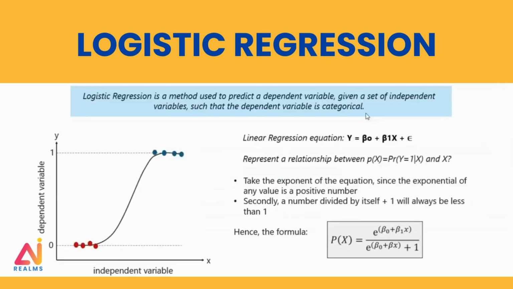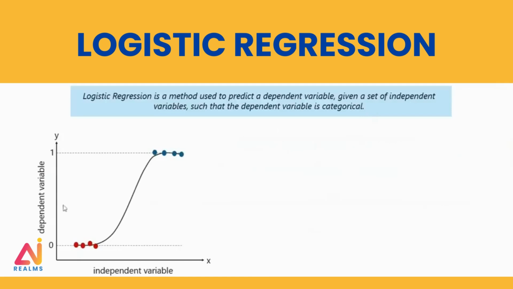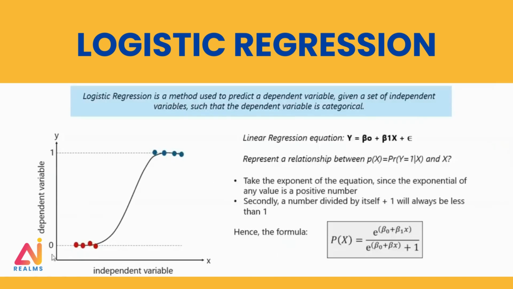Now, how does logistic regression work? Before I tell you how it works, take a look at this graph. I told you that the outcome in a logistic regression is categorical. Your outcome will either be 0 or 1, or it will be a probability that ranges between 0 and 1. So that's why we have this S-curve. Some of you might wonder why we have an S-curve. We can't obviously have a straight line.